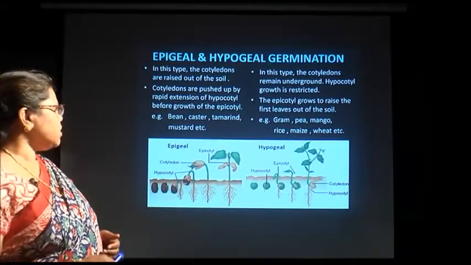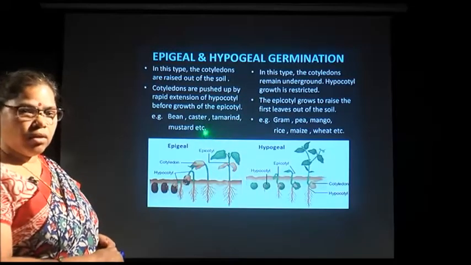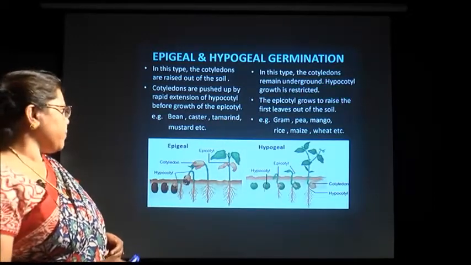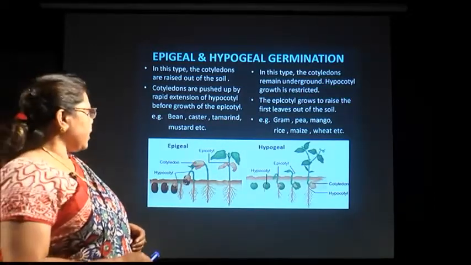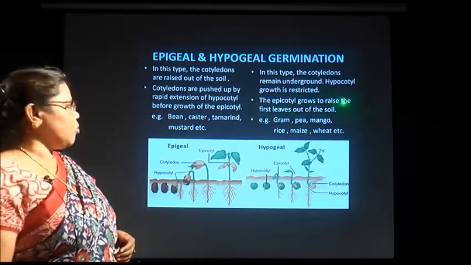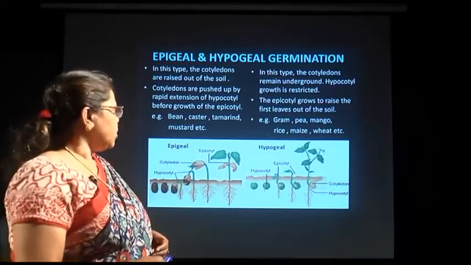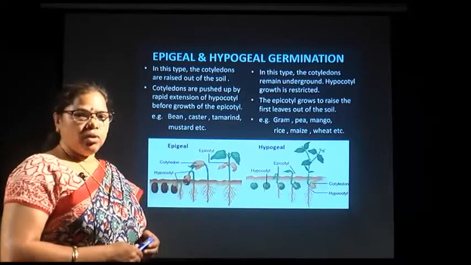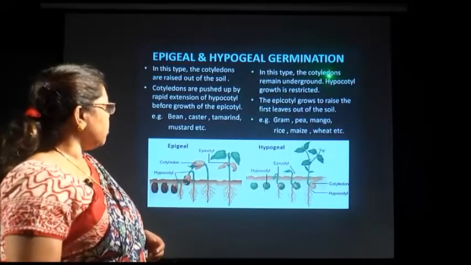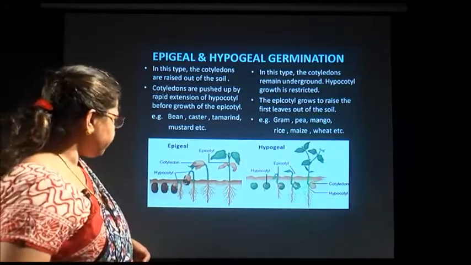The main difference is the hypocotyl: here it shows rapid extension of growth, and here the growth remains restricted. And due to the restricted hypocotyl growth, the epicotyl grows to raise the first leaves above the soil, you see.